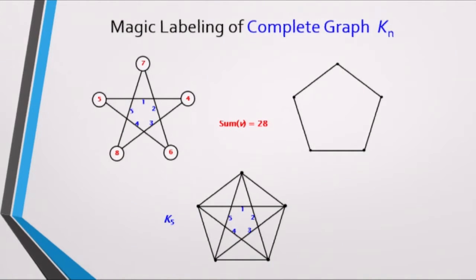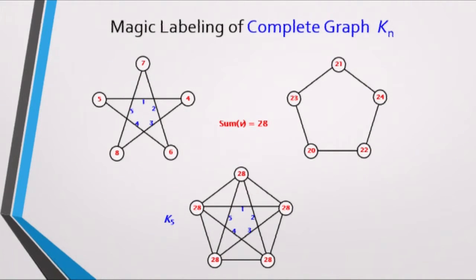I wanted to get the total sum to be 28. So I need to increase this one by 22, increase this one by 26, and so on. 24. So now I have every vertex is 28.